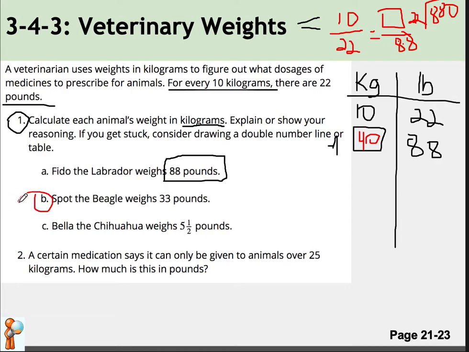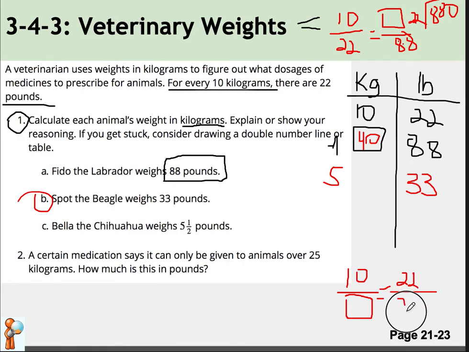So next we're going to do Spot. Spot the Beagle weighs 33 pounds. So we're going to do the same thing of our conversions, of our kilograms of 10 over our missing number is the same as our 22 pounds over how many pounds our Beagle Spot is, which is 33.